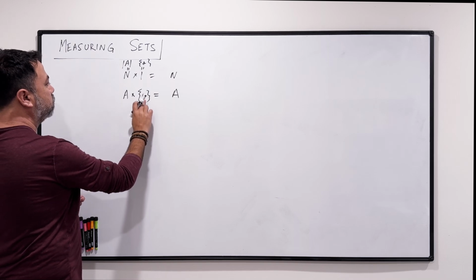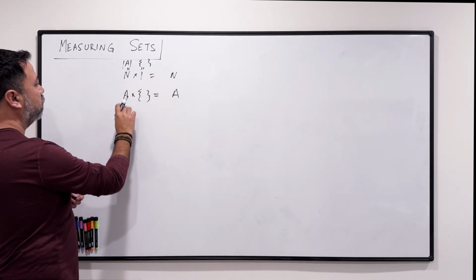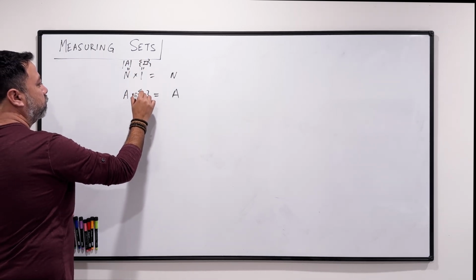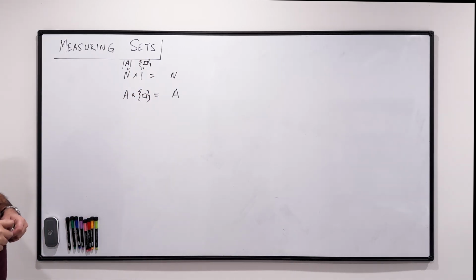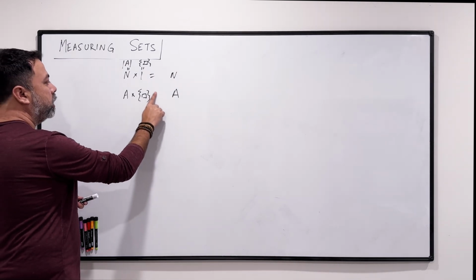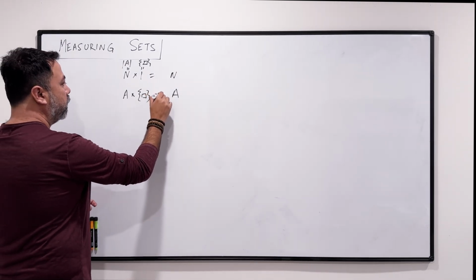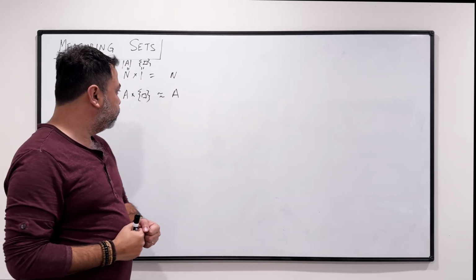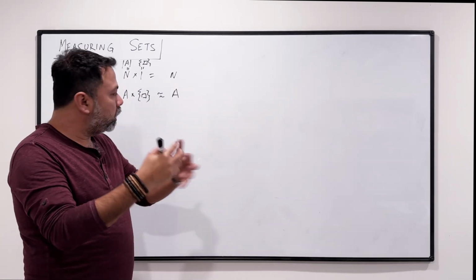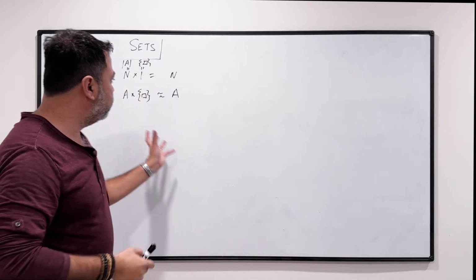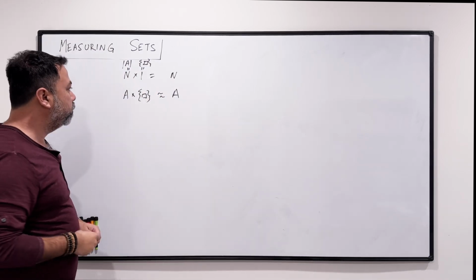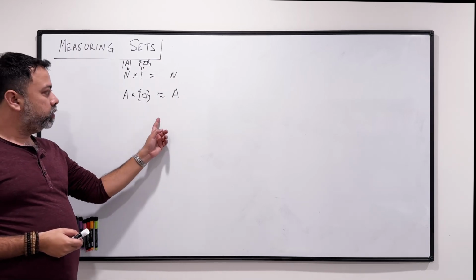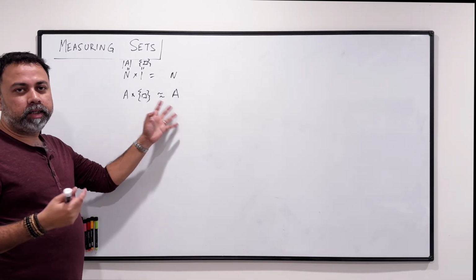Maybe star is not so nice to use because we are using x for multiplication. Let's say we use a box for that, right? All right. And then this notion of equality, we are going to replace by this thing that we were defining, where two sets are sort of isomorphic if they have a bijection between them. So we want to show that when A is crossed with a single element set, we get something that is equivalent to A.